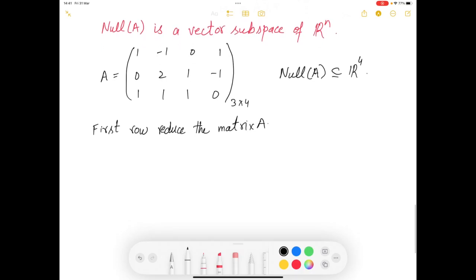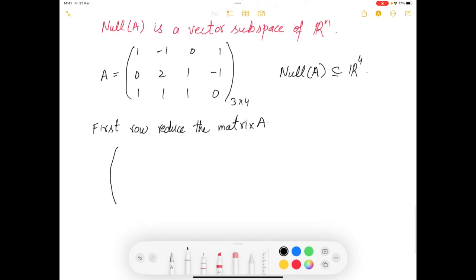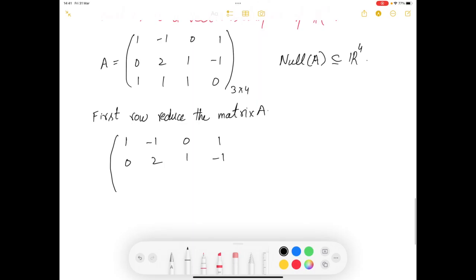For this we will write the first row as it is, the second row also as it is, and the third row we will subtract the first row from the third row to get a 0 here. So it will be a 0 and 2, 1, and this will be minus 1.